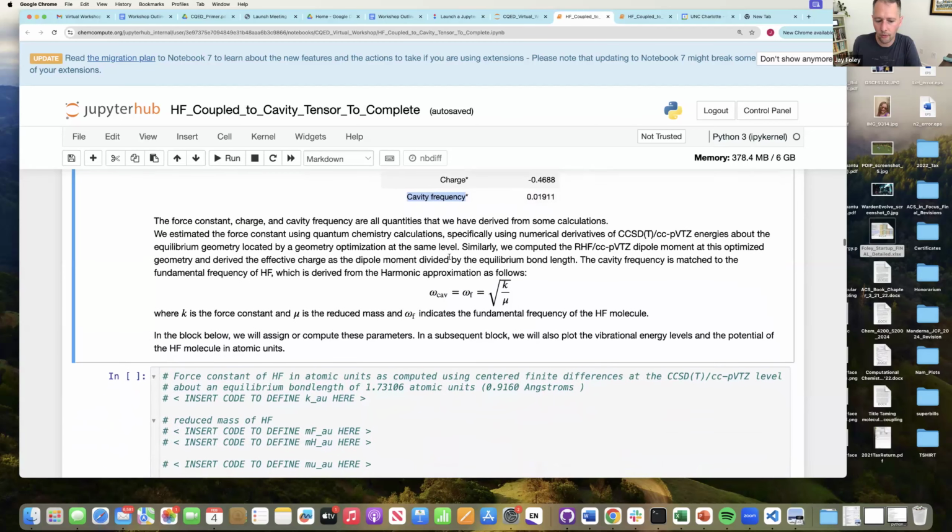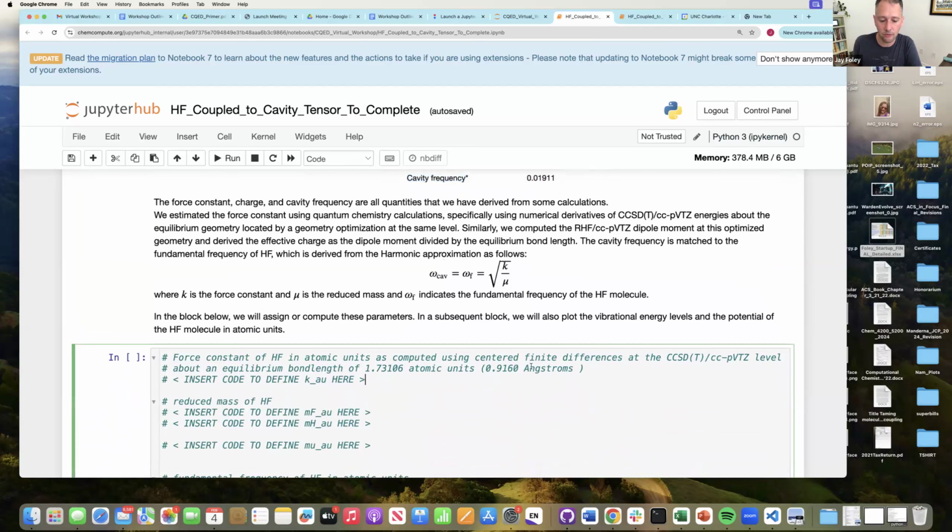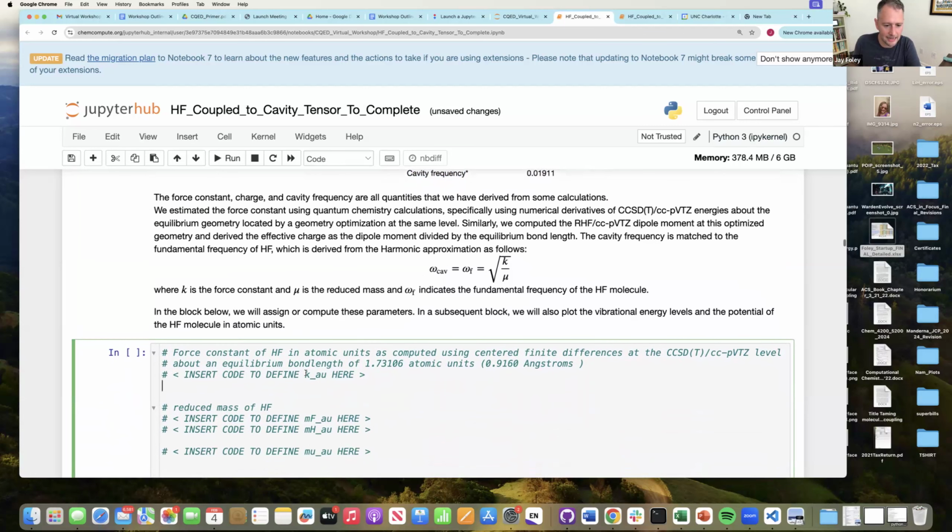All right. And so all we're going to do here now is add some lines which assign these values to different variables that we'll use later on in the notebook. I'm suggesting the names here so that when those variables are called on later in code lines that may be written for you or code lines that we'll write later, we have maximum likelihood that those variables will be assigned to the right values.